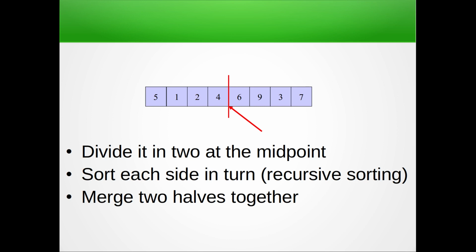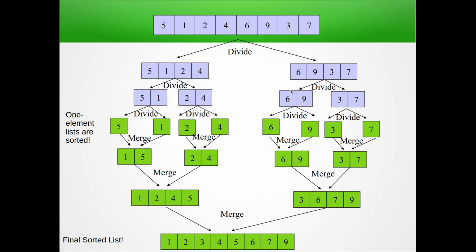Okay, and if I take this data as an example, an execution of the mergesort algorithm would look something like this. I have my original data here and I divided it into 2 sublists. And what do I do with each of the two sublists? Well, I divide it again and again, at the midpoint, at every point.